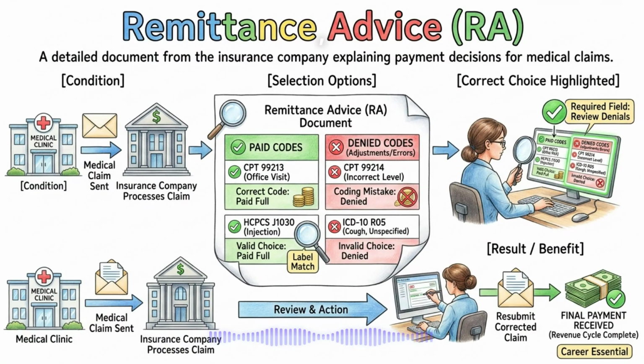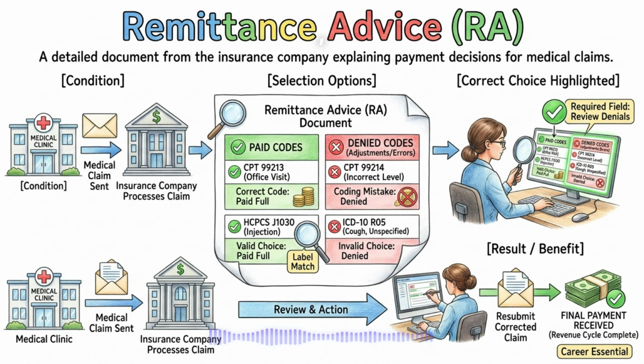Finally, after the insurance company processes the claim, they will send a document back to the medical clinic called a remittance advice. The remittance advice is a detailed breakdown that explains exactly which codes were paid, which codes were denied, and the specific reasons for any financial adjustments.